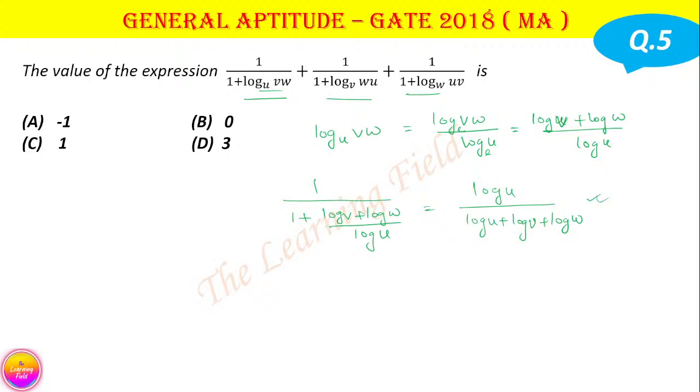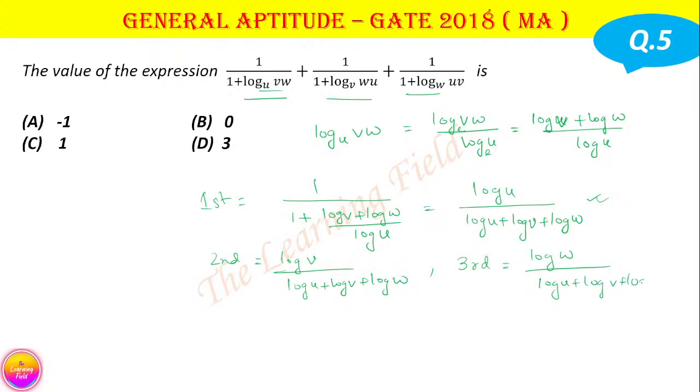Similarly, the second term equals log of v by the same sum, log u plus log v plus log of w, and the third term is log of w by log u plus log v plus log of w.